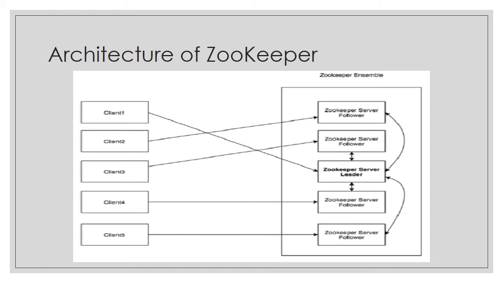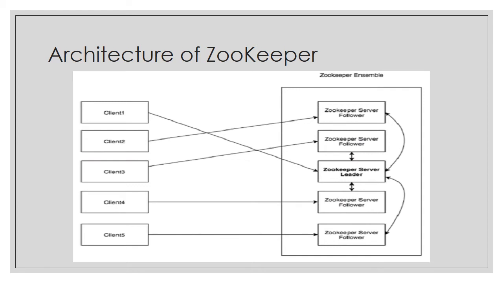And to move forward, I will talk about the architecture of the Zookeeper application. We find that there is a leader server which is selected from that election I talked about before, and there are follower servers. The follower servers all communicate with the leader server.